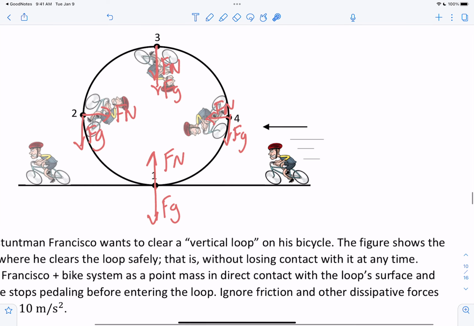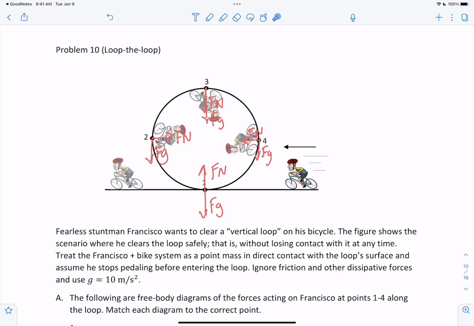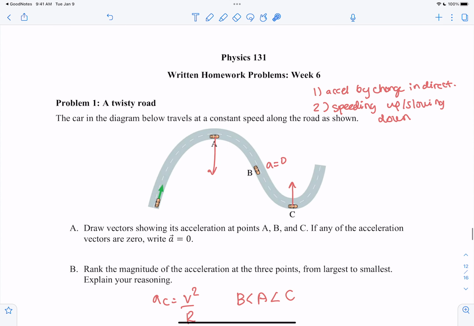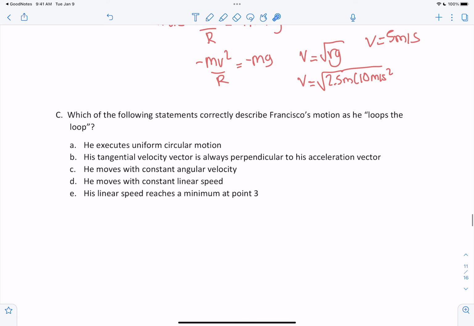Once he enters the loop-de-loop, he's going to go upwards and be pulled down by gravity. Still going to go down here, and then he's going to speed up because gravity's going to pull him downwards a bit, since he's not pedaling and maintaining a constant speed. So because there's no constant speed, he's not moving in uniform circular motion.